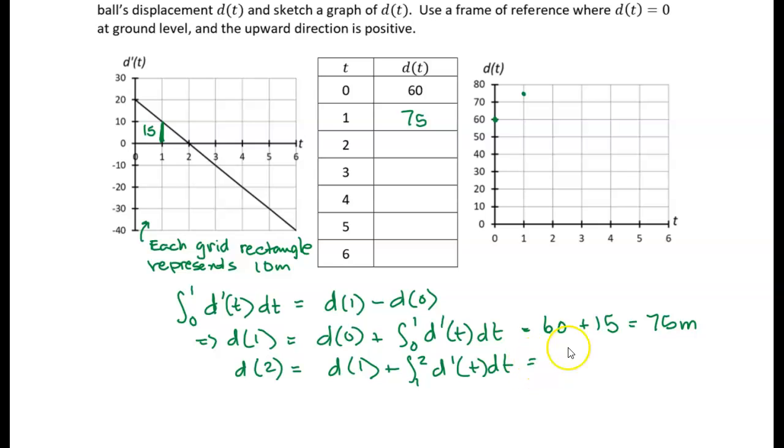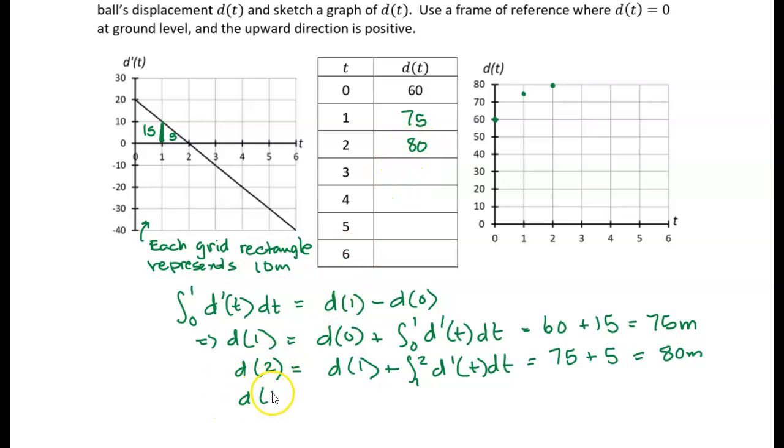Either way, but I already have my displacement at 1 second, so I'm just going to take the 75 meters, and then add the area under the velocity curve. You can see it's half of a grid rectangle, so this represents 5 meters. So I'm just going to add 5 meters, which puts me at 80 meters after 2 seconds. All right, so let's graph that point and fill in the table.